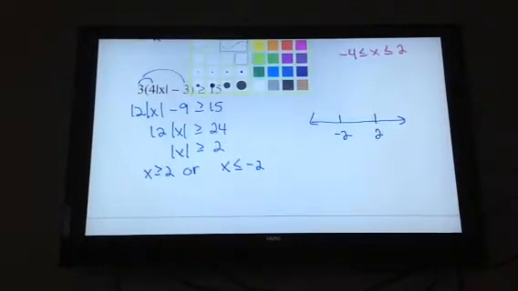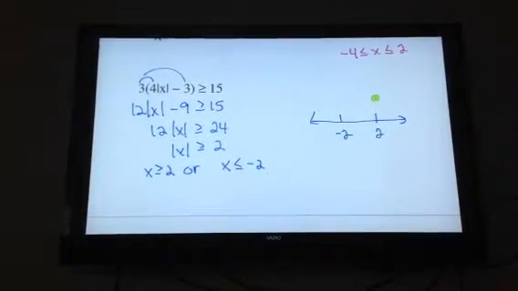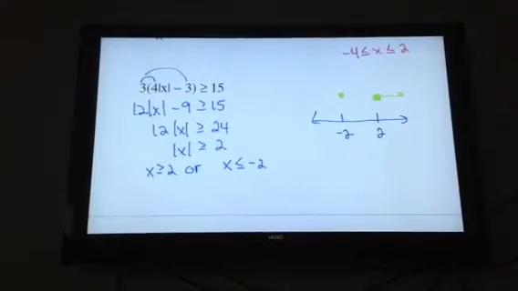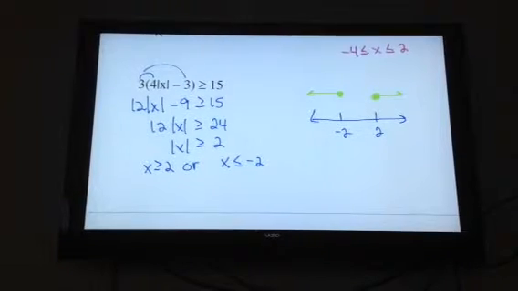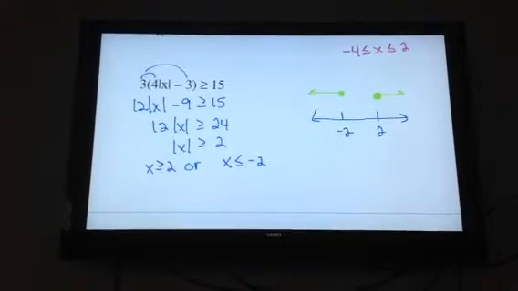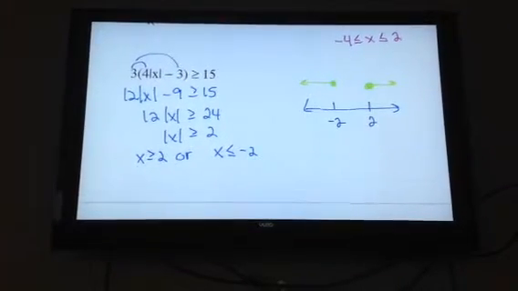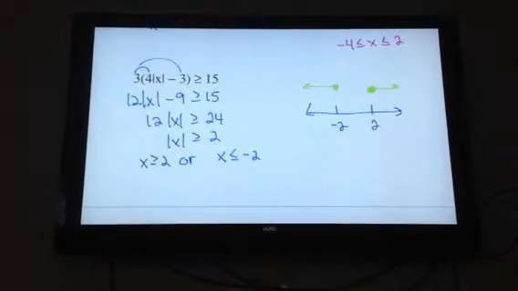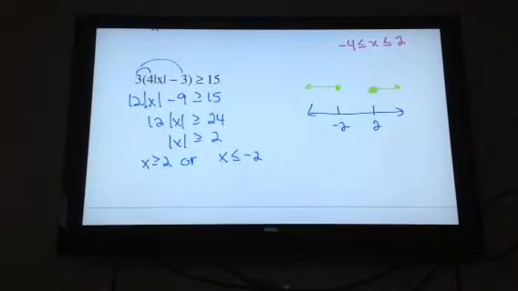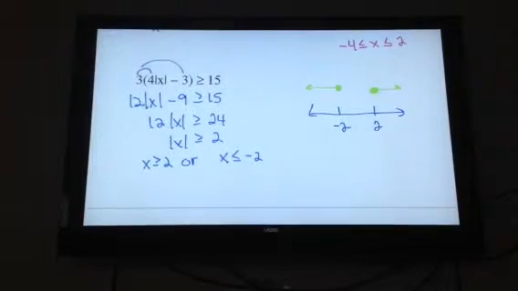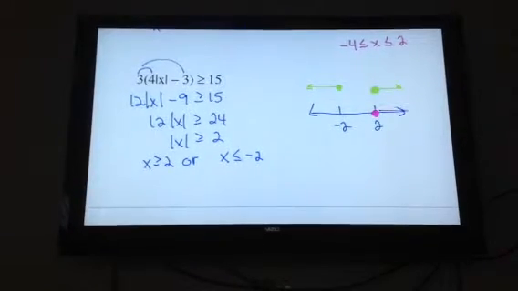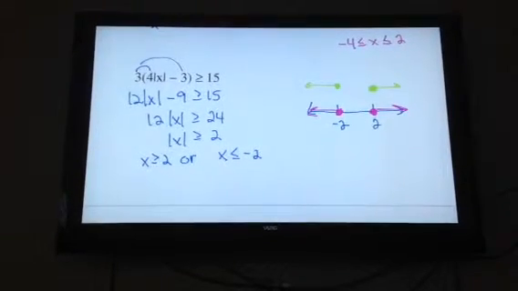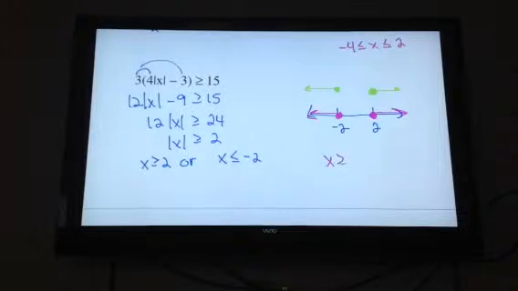Helper graphs are optional. I have x is greater than or equal to 2, or x is less than or equal to negative 2. It is an or, which means a union. So I am going to get my split graph here. And my algebra answer is just exactly what I have over there.